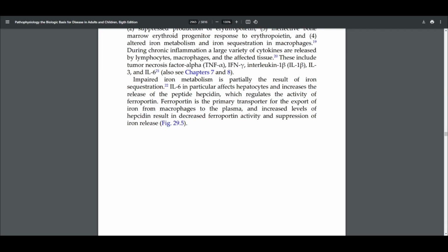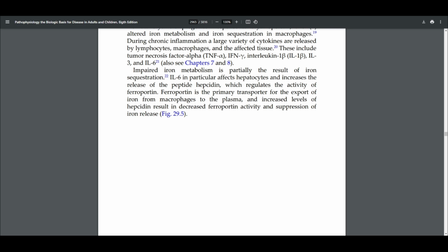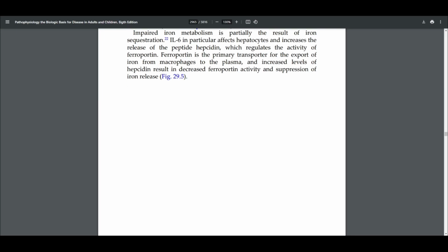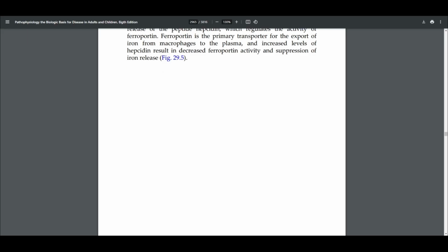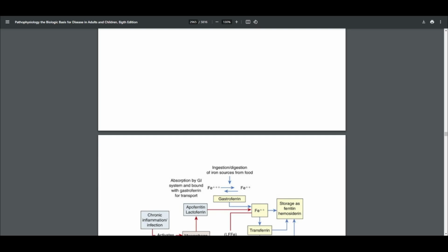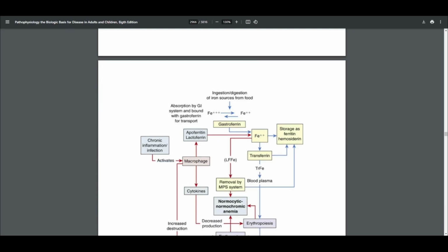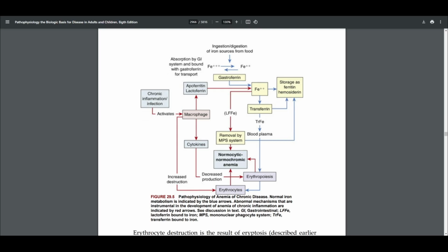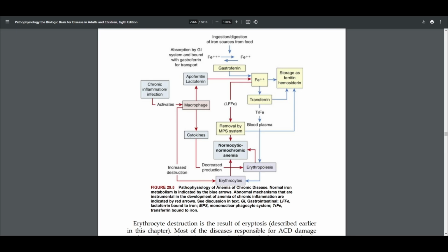Ferroportin is the primary transporter for the export of iron from macrophages to the plasma, and increased levels of hepcidin result in decreased ferroportin activity and suppression of the iron release. So here you're taking a look at the digestion of iron sources from food. So the pathophysiology of anemia of chronic disease.